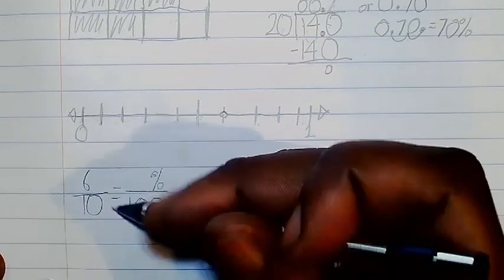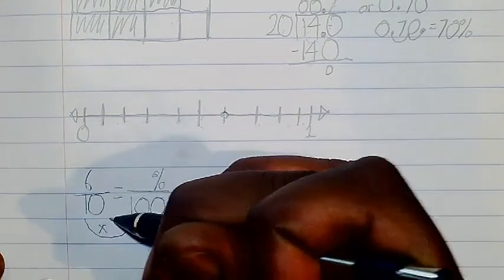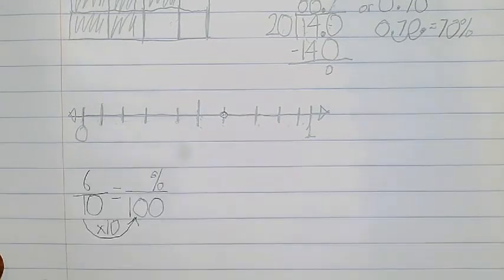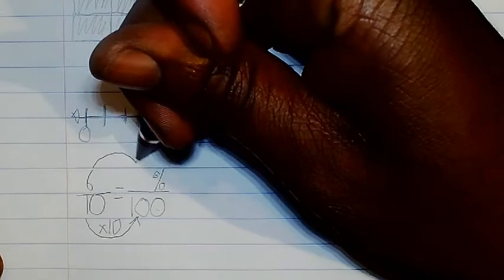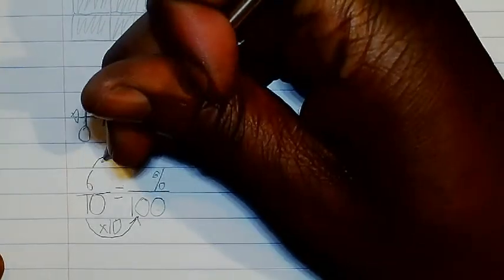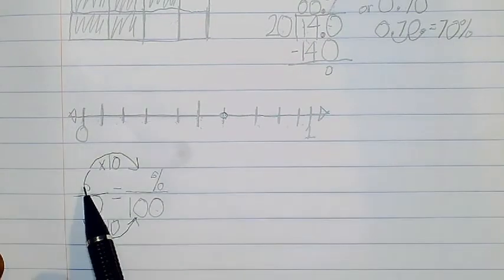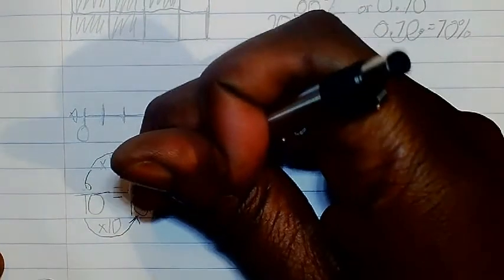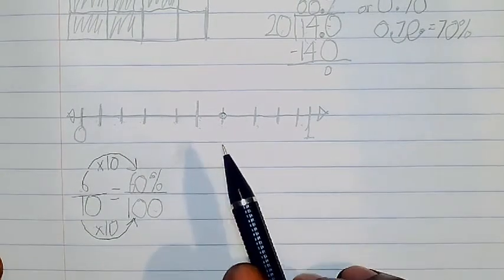Of course, we can multiply 10 times 10 to get 100, and whatever we do to the denominators here, we do to the numerators. And of course, 10 times 6 equals 60. So this model represents 60%.